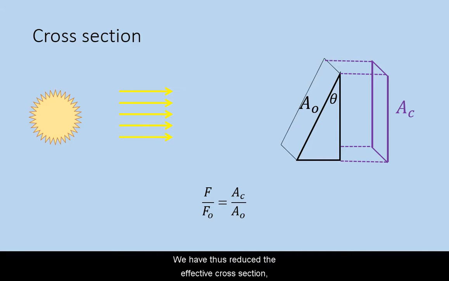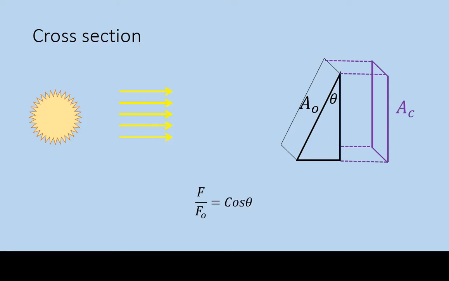We have thus reduced the effective cross-section, or equivalent light collecting area. The flux measured will be reduced as the cosine of the angle.